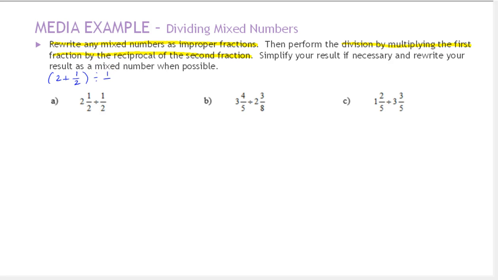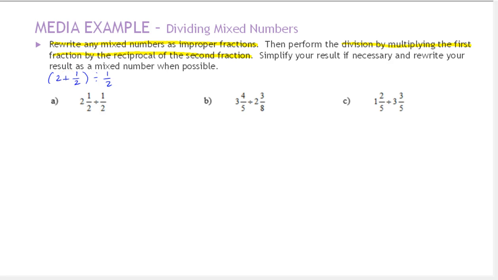And then we have divided by 1/2. We know we're supposed to perform the parentheses first. If we just rewrite this as a mixed number, there's really that hidden addition in there. So this is why we want to write this as an improper fraction first, because as an improper fraction, there's no hidden addition like there is in mixed numbers.